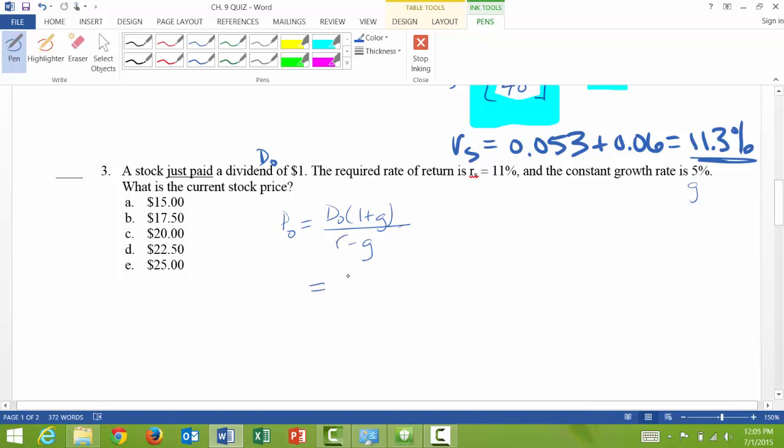And so this equals the $1 times 1 plus 0.05 over R, which is 0.11, minus the growth rate of 5%. And so this will end up giving you a price today of $17.50. And so that's answer B.